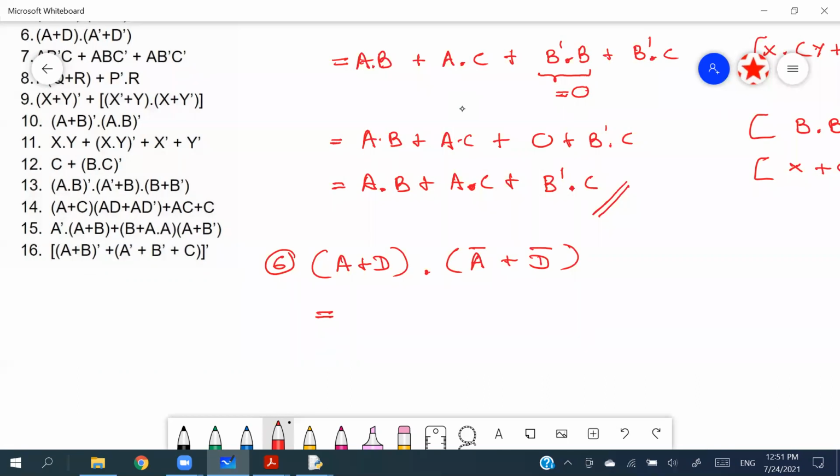So we can try with the distributive law since we have the brackets, right? So let's implement. It's A dot A bar plus A dot D bar plus D dot A bar plus D dot D bar.